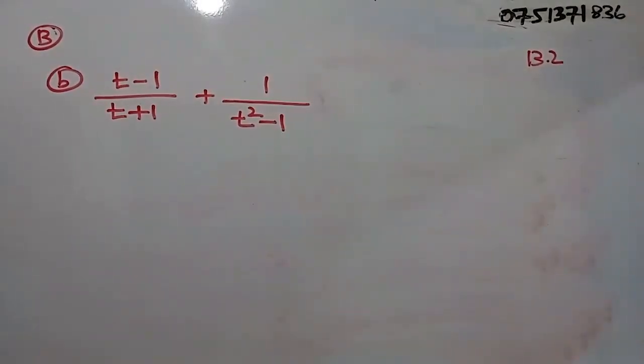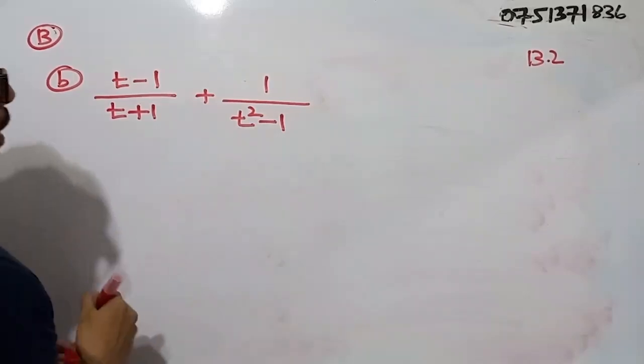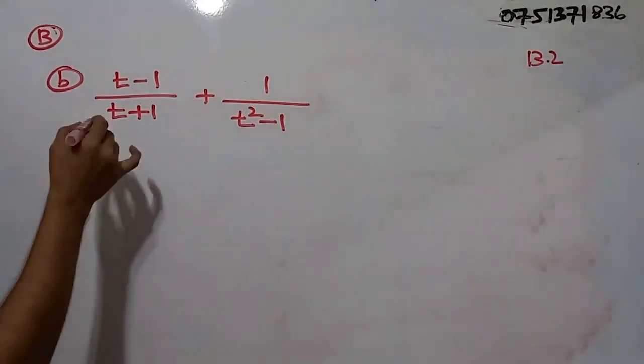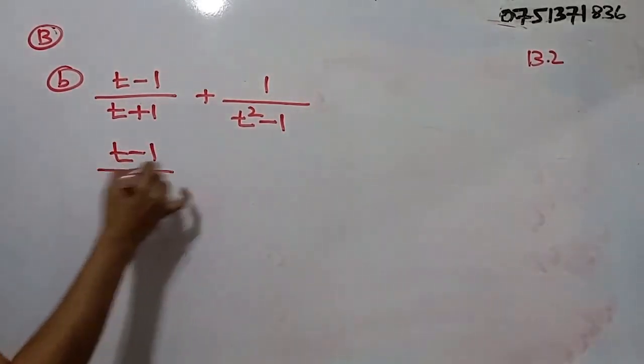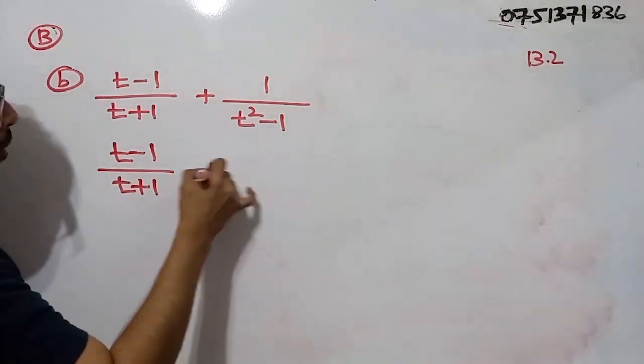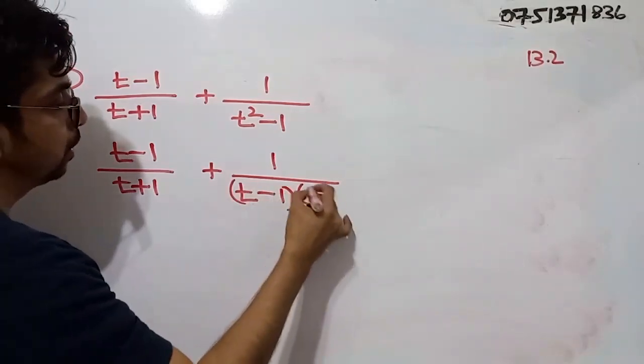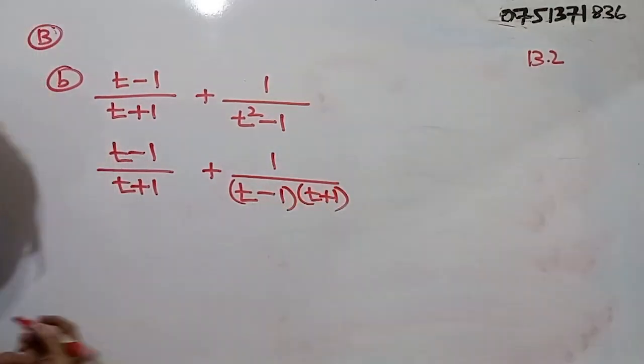Okay, so the next one. Here also we have to rewrite the denominator of the second fraction. So this should be (t minus 1)(t plus 1). No changes to that one. Plus 1 by (t minus 1)(t plus 1).